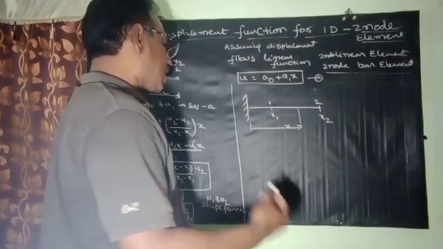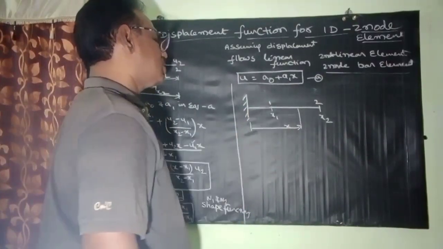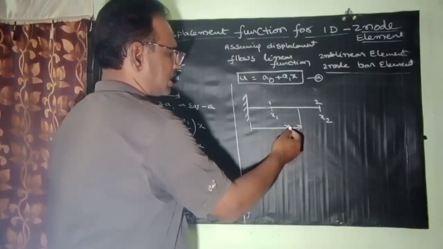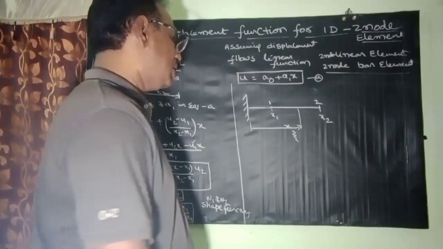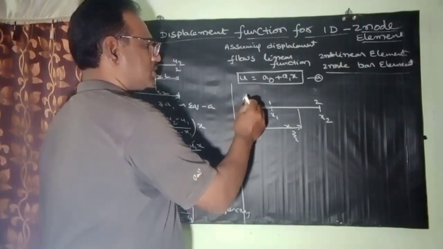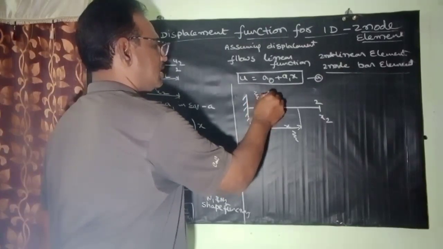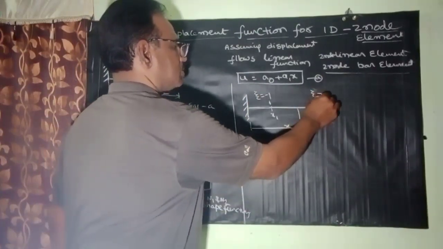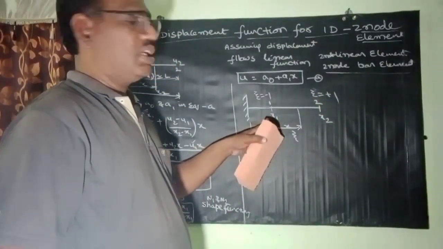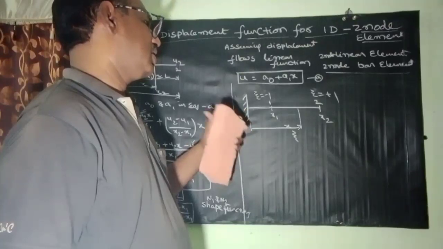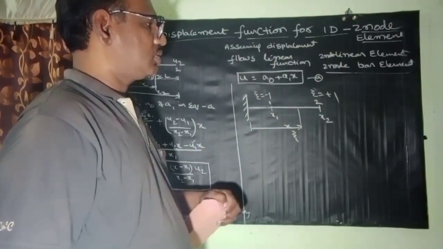In the natural coordinate system, x at any location is represented with xi, and it ranges from -1 to +1. At node 1, x equals x1 and xi equals -1.